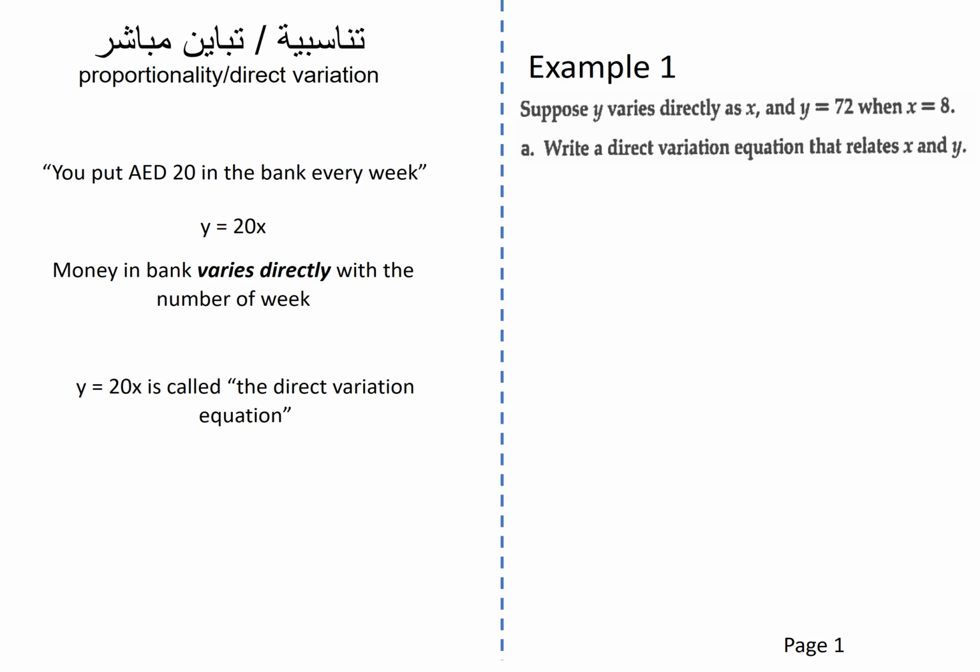So really, direct variation is the same thing as linear proportional. So proportionality, direct variation. You put 20 in the bank every week. So this represents weeks. This represents money in the bank. And this represents your slope.